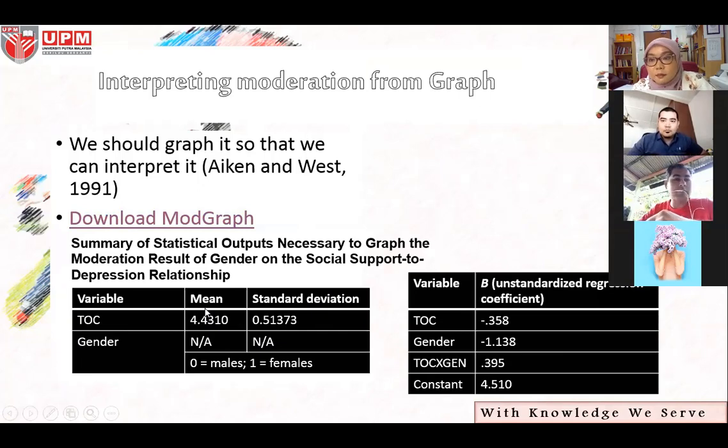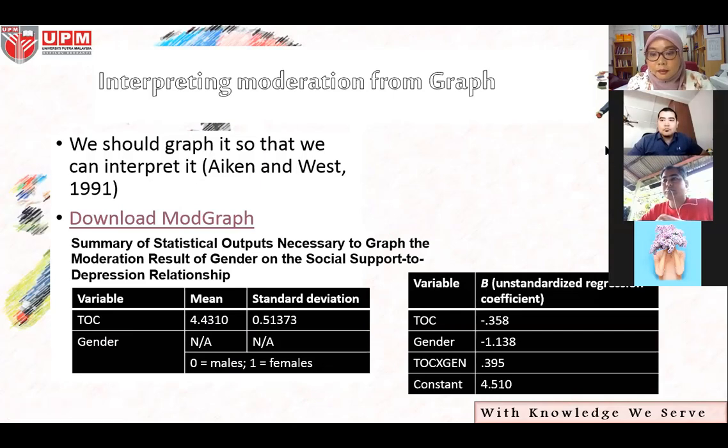And then the gender. Is it possible to get the mean and standard deviation? No, because it is categorical. So what we need to notice is the categories here: 0 for males and 1 for females. If you use 1 for male and 2 for female, it should be okay, it doesn't matter, as long as it is categorical.